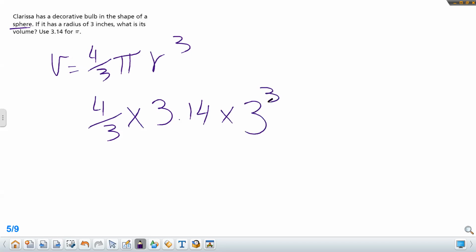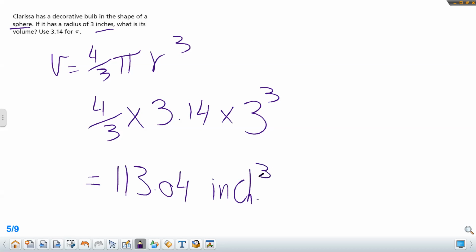Okay, so you can evaluate it. It will be 4 over 3 times 3.14 times 3 power 3. It will be 113.04, here with inch, so it will be inch cube. Okay, number 1.